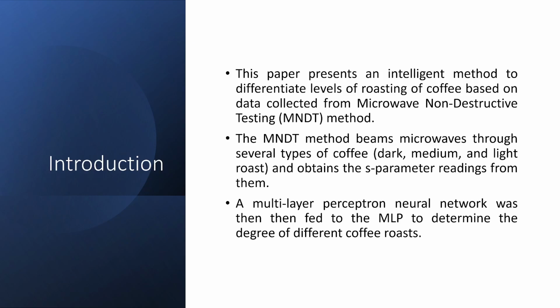This paper presents an intelligent method to determine the different levels of roasting based on data collected from the microwave non-destructive test method. So basically what MNDT or microwave non-destructive testing method does is that it reads certain microwaves through the item that you want to test, and after the beaming process is done, some parameters called S parameters are collected from them.